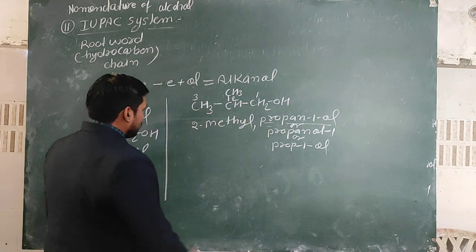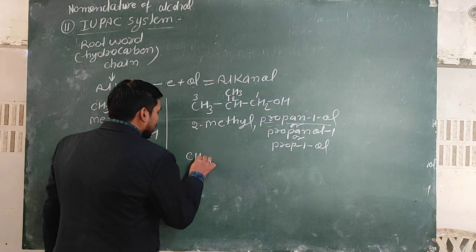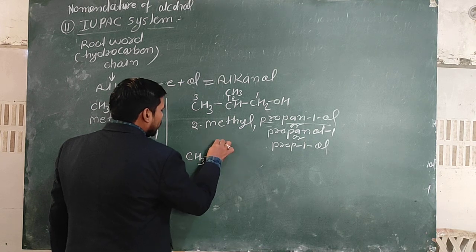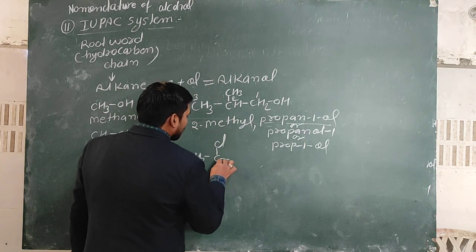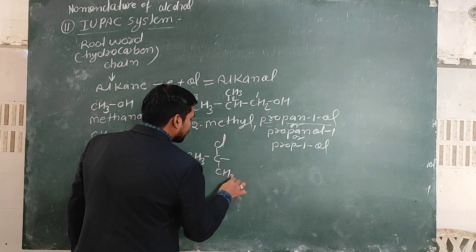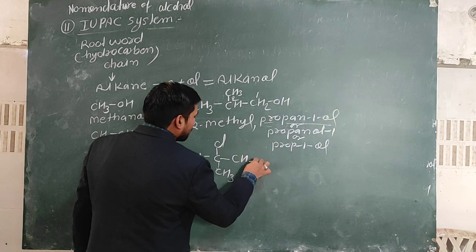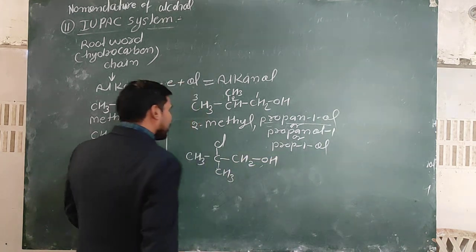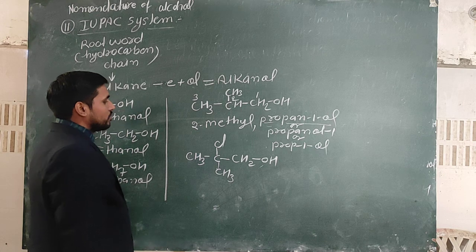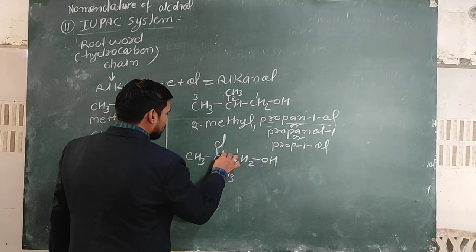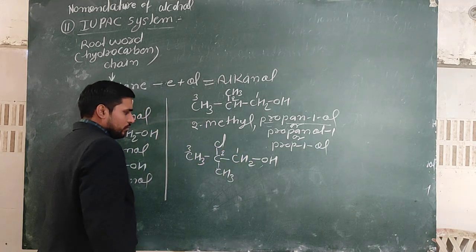Similarly, if there is CH3 with Cl and CH2OH present, then count 1, 2, 3.